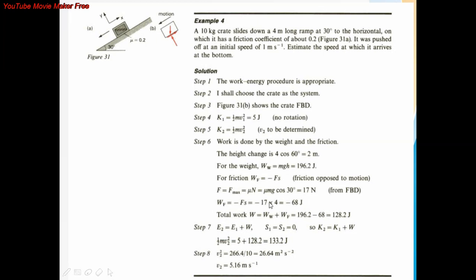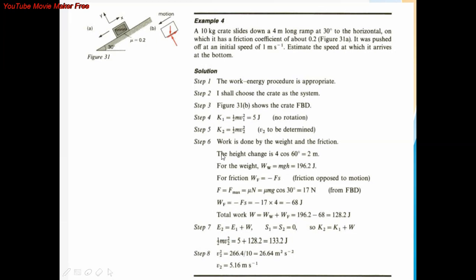So now we know the work done due to weight, and the work done due to friction, which is negative in nature. When we put both these values together, we get the total work, W equals W plus Wf, which is 128.2 joules, right? So now we know work, and we know initial kinetic energy.